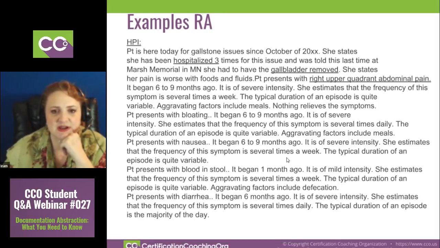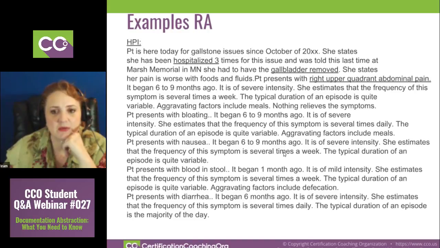Okay. Now, from a risk adjustment standpoint, not an E&M, but let's say you're coding it for risk adjustment. Hospitalized 3 times, gallbladder, right upper quadrant pain. Nothing else is pertinent to me because I don't care what their signs and symptoms are.